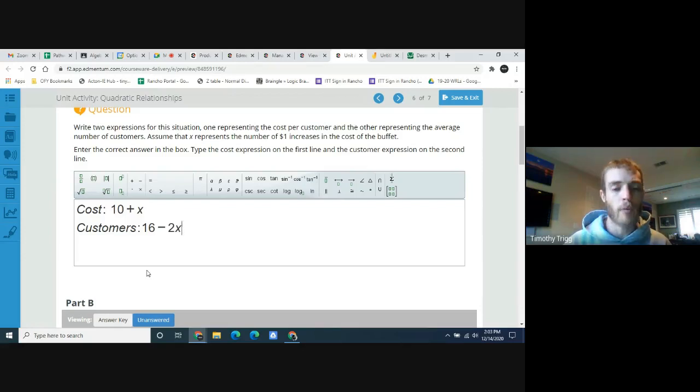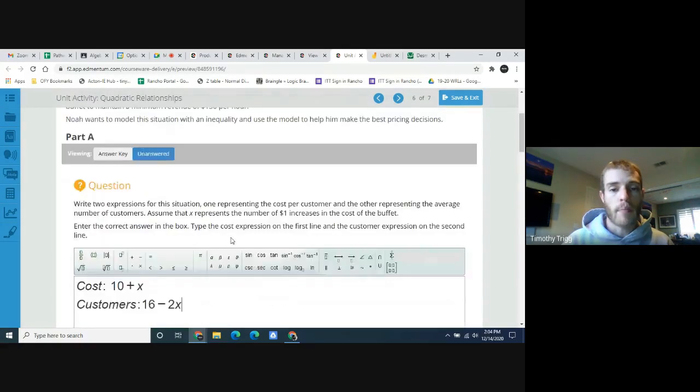I hope that makes sense. If I increase the cost by $2, that'd be 10 plus 2, that's $12 cost total. And the number of customers that choose that would be 16 minus 2 times 2. So in other words, 16 minus 4, which would be 12 customers. Okay.